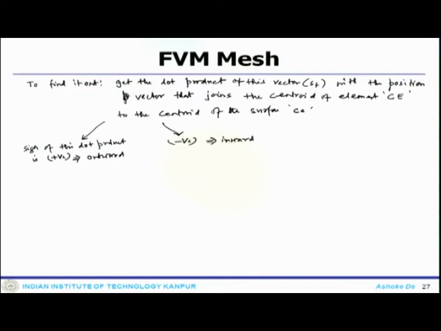Now, for a 2D system, if you consider a 2D grid, okay, the area or the surface area will actually represent the volume of the control cell with uniform depth or unity depth.